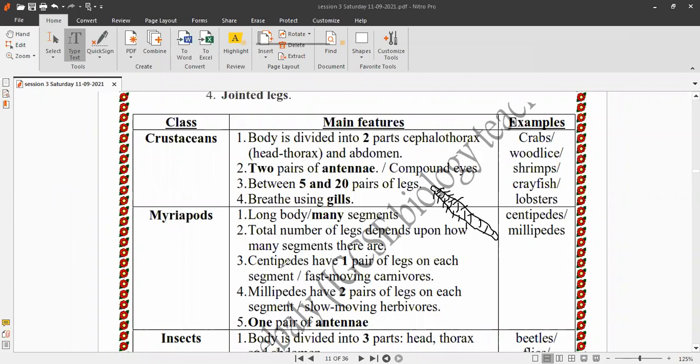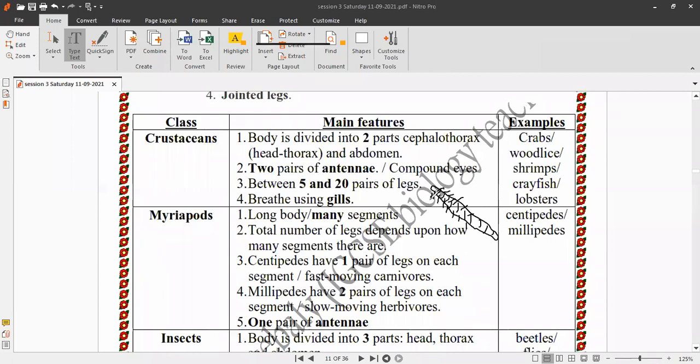Myriapods are divided into 2: centipedes and millipedes. Centipedes have 1 pair of legs on each segment, so they are fast-moving carnivores. What about millipedes?